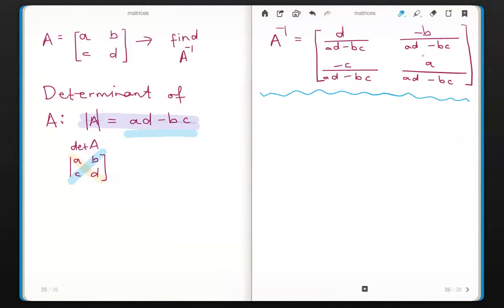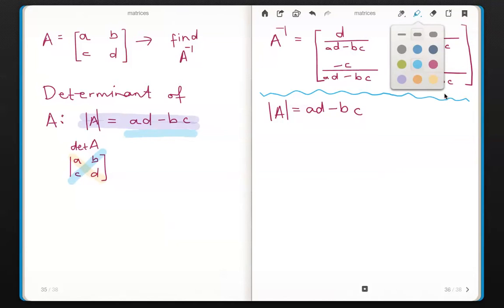So if we know what A, B, C and D are, we can just plug all those numbers in and find our inverse. This looks a bit tricky, but there is a trick to remembering it. We know that the determinant of A is AD take BC, and that is on the bottom.